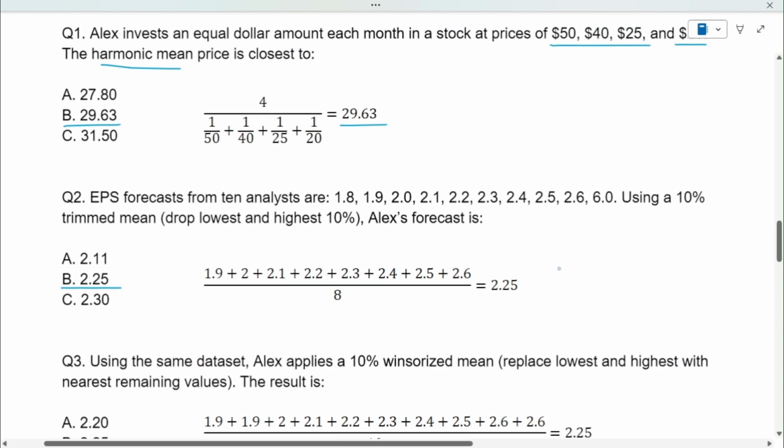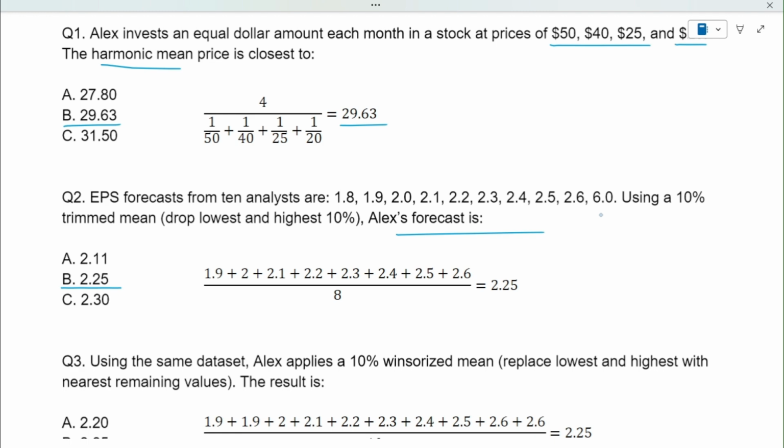Okay, next question. EPS forecasts from 10 analysts are given here. Using a 10% trimmed mean, what is Alex's forecast? Okay, let's find this. Remember trimmed mean: we drop the highest and lowest data from the data set and then calculate the mean from the remaining data. In this case, we have 10 data points, and we are going to calculate the trimmed mean using 10% dropped values.